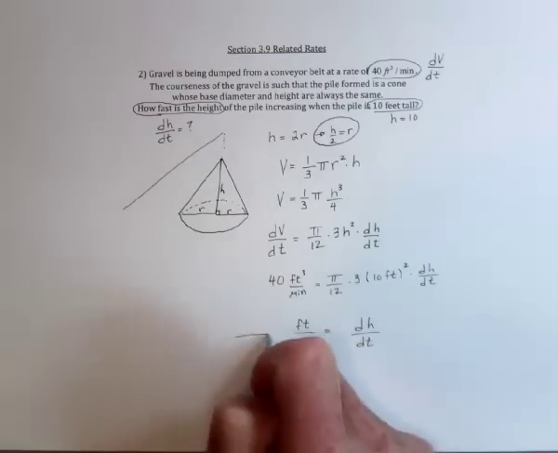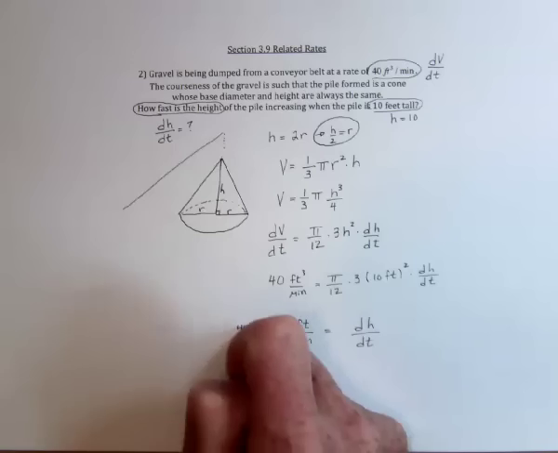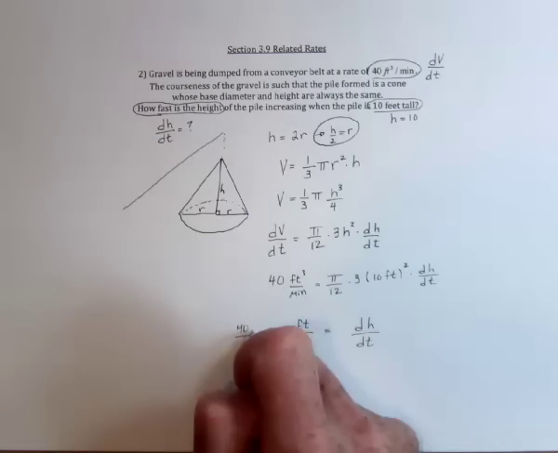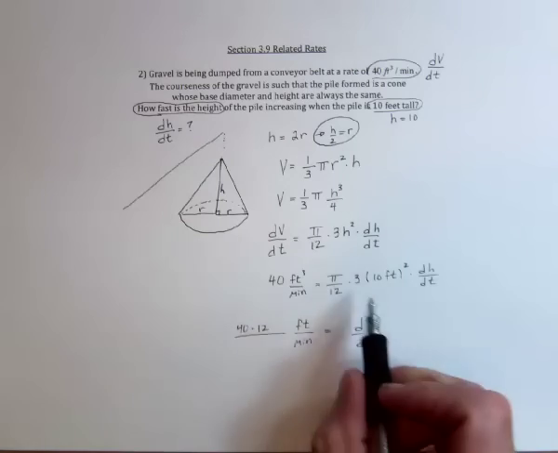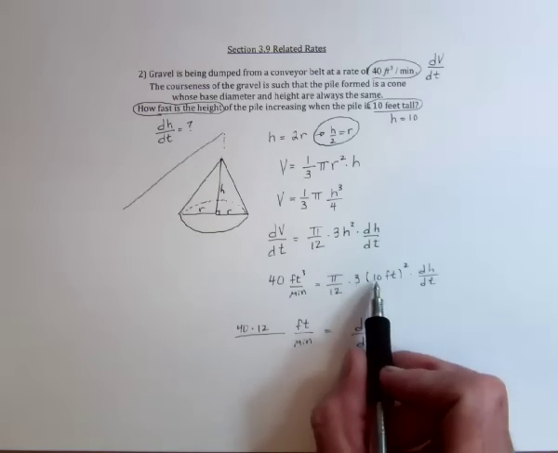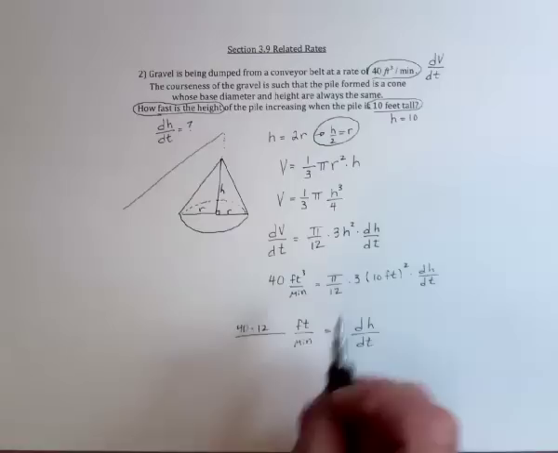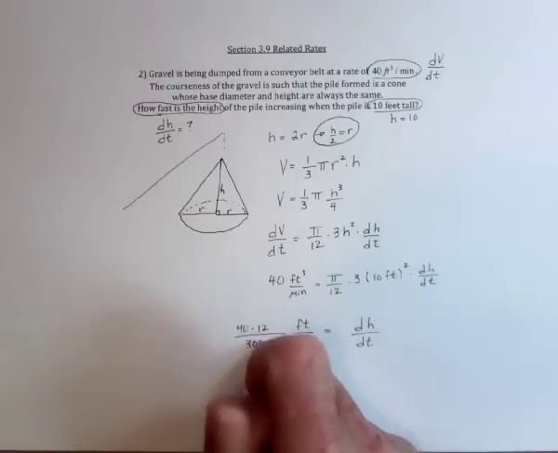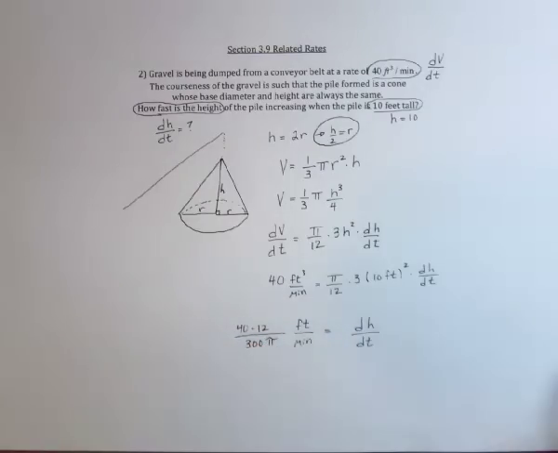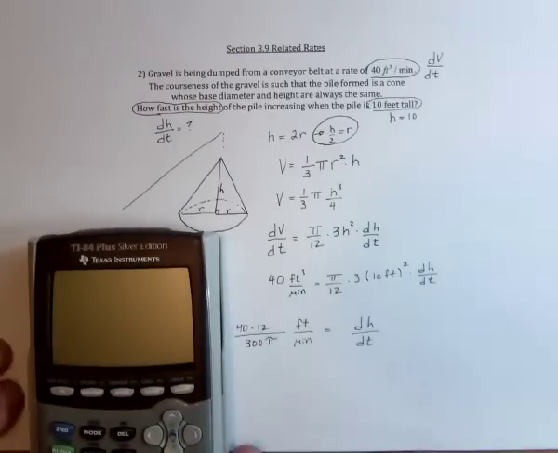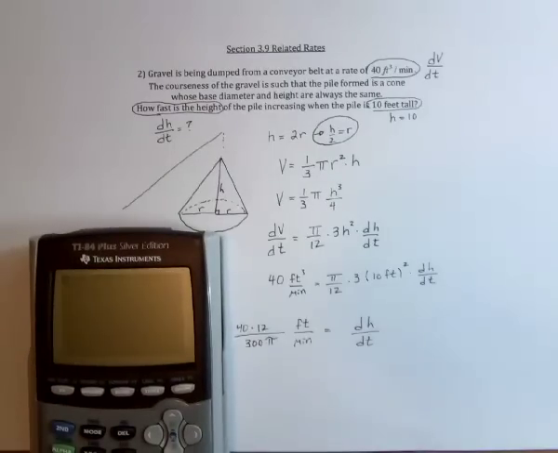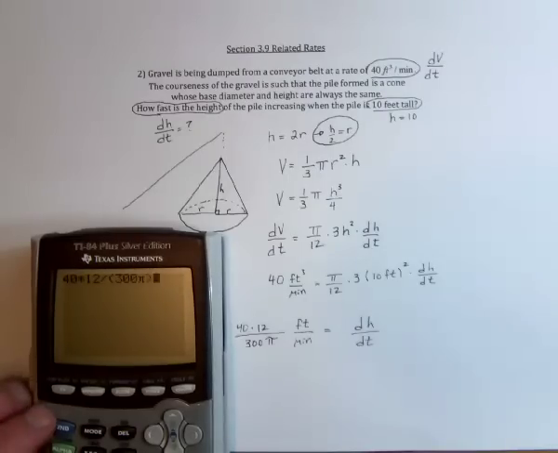Now I just need to move the numbers over. There was already a 40. I'm going to need to multiply by 12, and I'm going to need to divide by 100, 300 pi's. So we've got 40 times 12 that gets divided by 300 pi's.